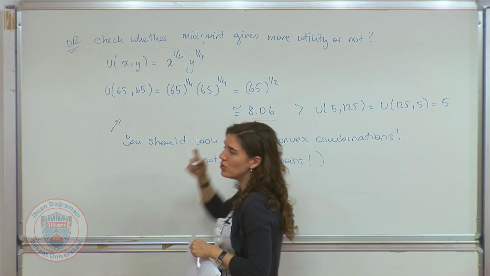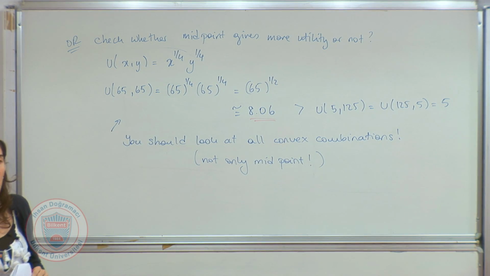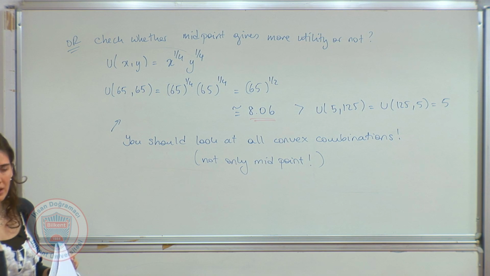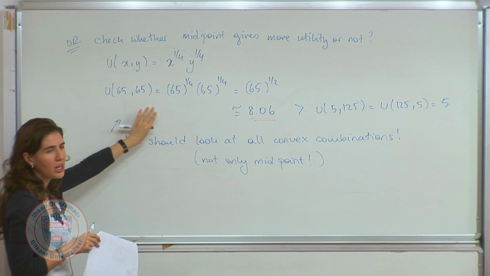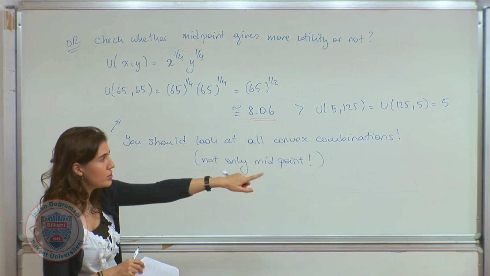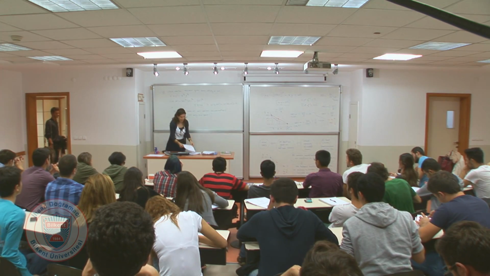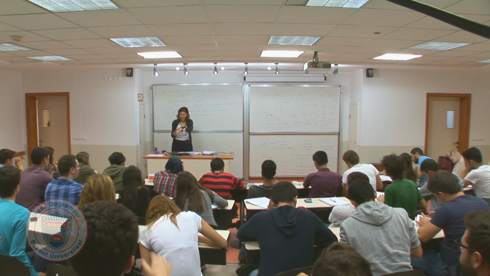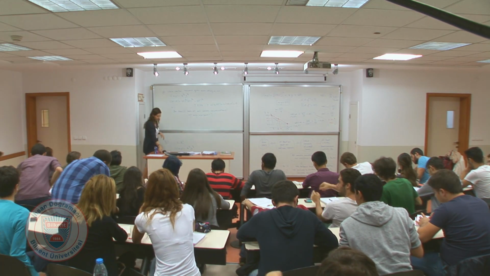So for instance, you can check, but we said that it's not enough to check only the midpoint, right? You should actually check all the convex combinations. So most of the time we don't check this, but we show that the marginal rate of substitution is diminishing. Okay. Now let's give a break, and then we'll continue in the second hour.